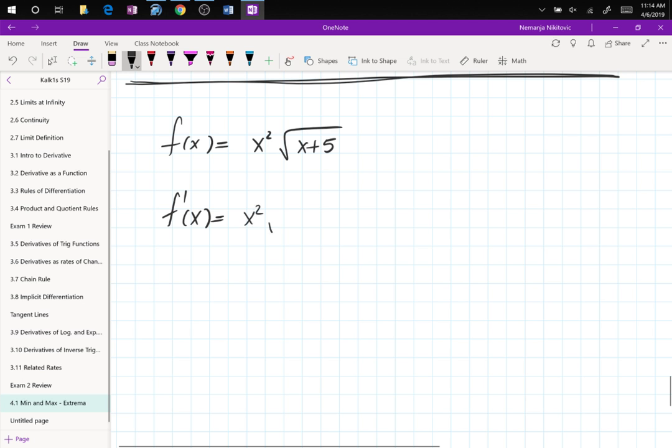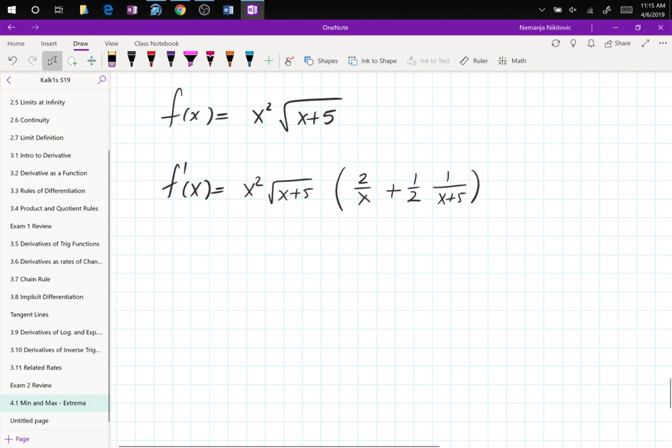You did x squared, x plus 5 times, and then this is 2 over x, right? And then plus 1/2 times 1 over x plus 5, right? All right. You can use logarithmic differentiation, that's okay.